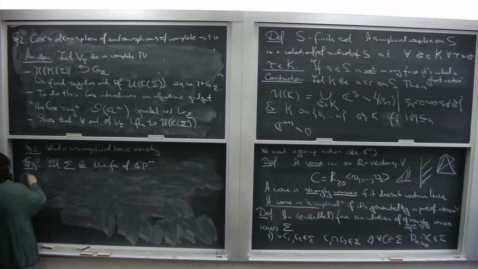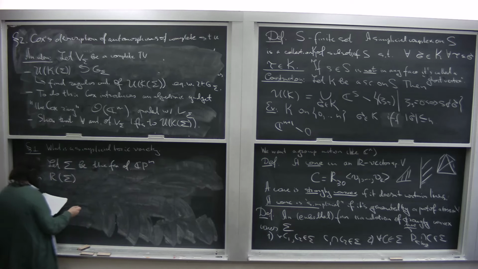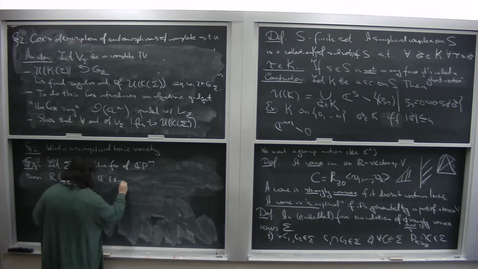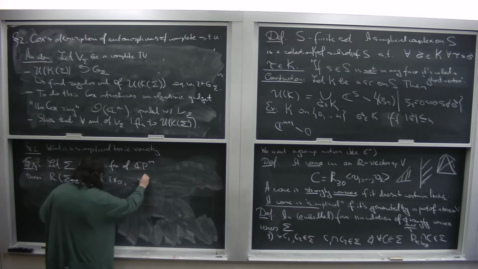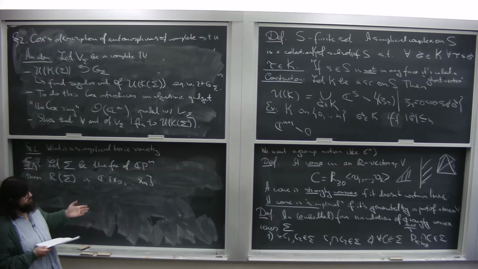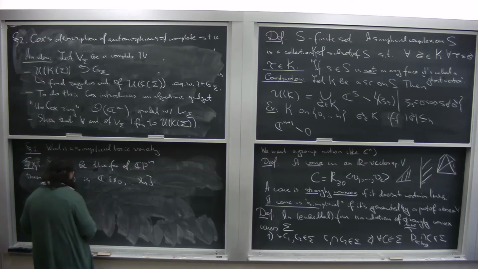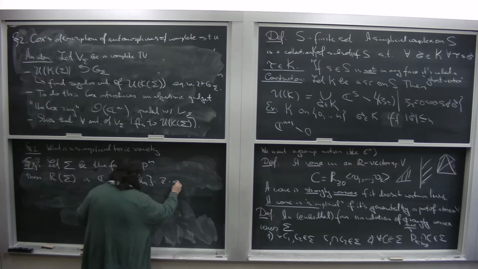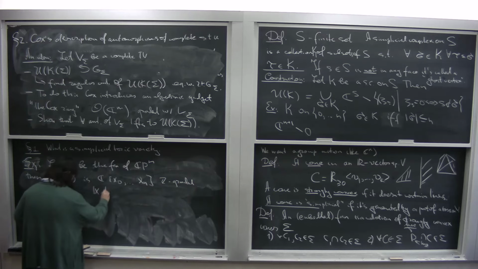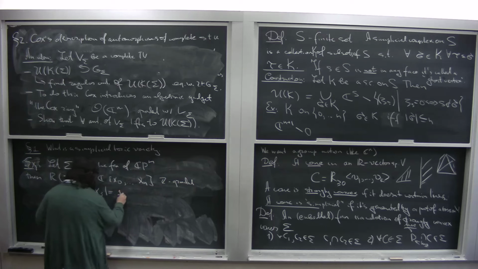Then this Cox ring, which is denoted by R sigma, is just the ring of polynomials in n+1 generators. And well, we saw that L sigma in that case was just Z. So the grading group is just Z, Z graded. And then the degree of each variable is equal to 1.